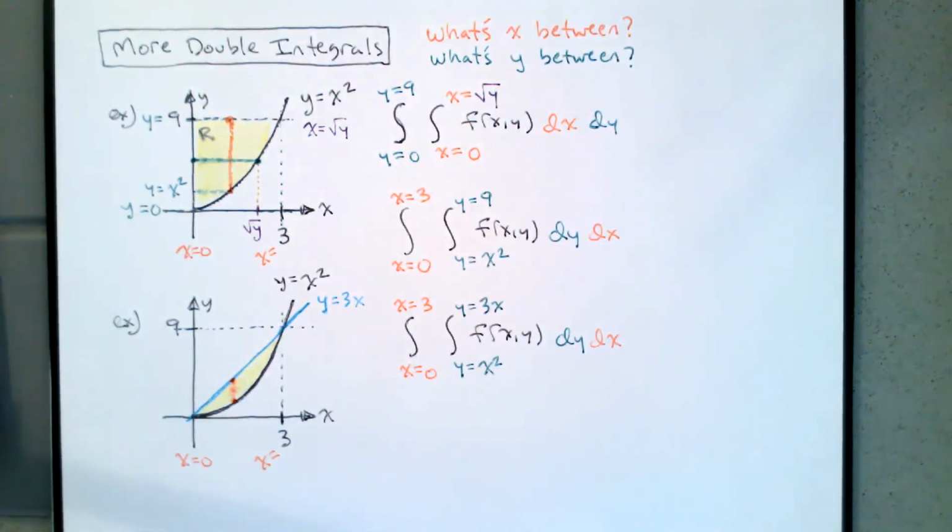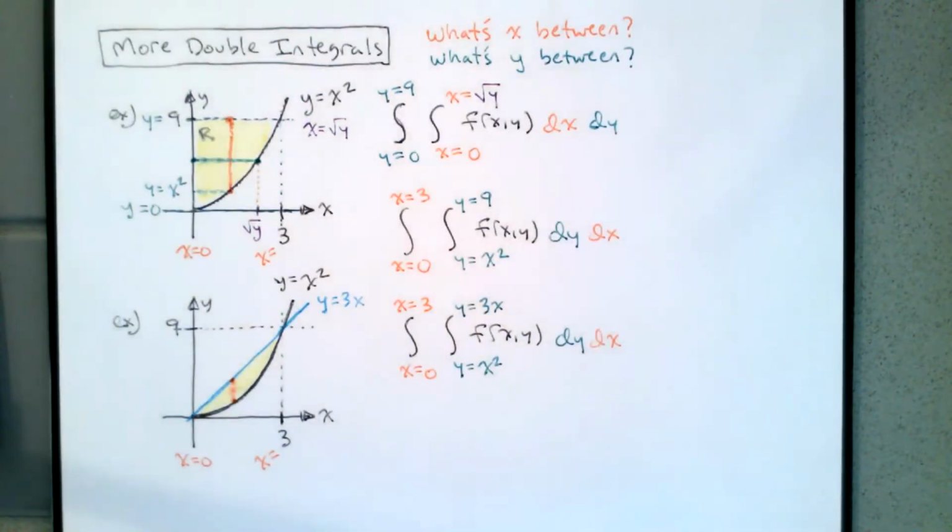So if we had to describe this region to a double integral, we would say, for the values of x between 0 and 3, y goes from x squared to 3x. That's why that last one has to be constant, because the first one is going to be in terms of x.